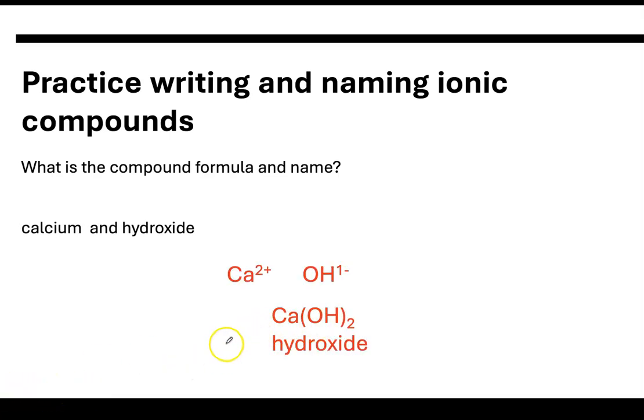So this should be calcium hydroxide. Notice that when this 2 comes over, I put this OH in parentheses, and that's because calcium is a +2. So OH together is a -1. So I am going to need 2 of those so that this compound can equal 0. All right, let's try another one.